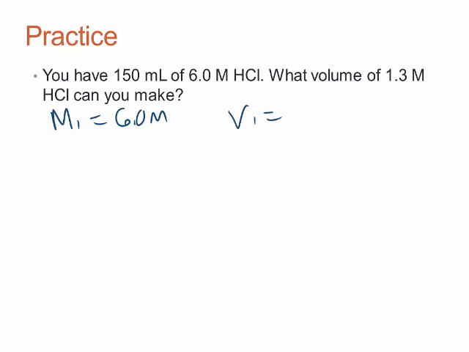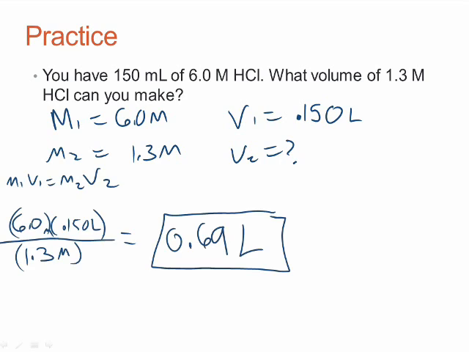V1, we have to be careful. We have to change it to liters because molarity is moles per liter. We have to change it to 0.15 liters. M2 equals 1.3 molar. V2, what volume will we get out of it? So we get 0.69 liters.